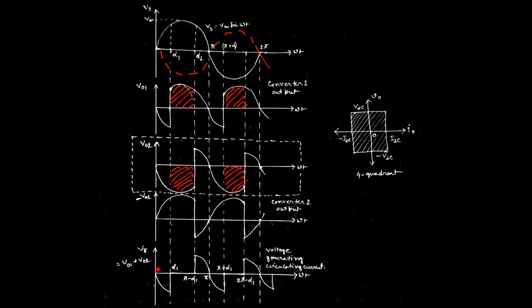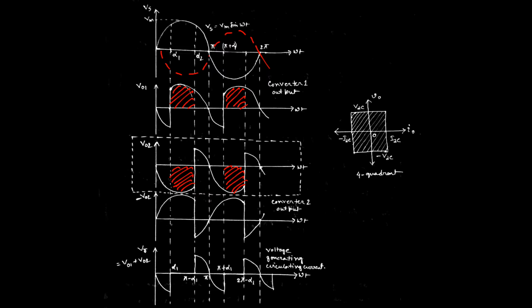See, from this point to this point, there is no instantaneous voltage difference, because we only have one peak, defined by the second converter. But here, it is defined by the first converter. And here we have the result for the two converters. That means we can define the instantaneous voltage difference from pi minus alpha 1 onward. Again, it is repeated from the next cycle onward.